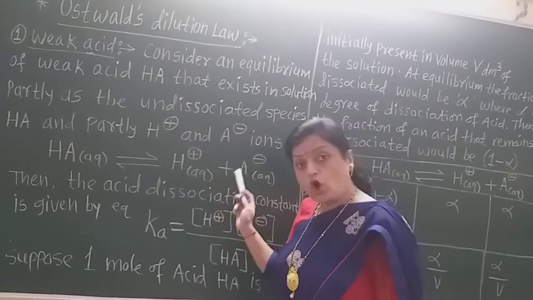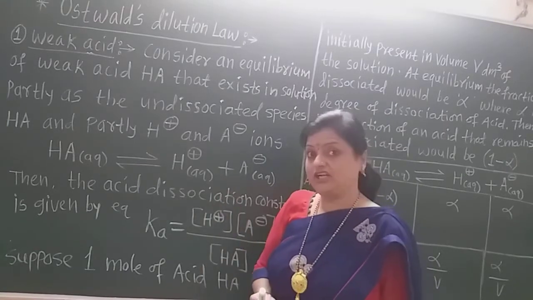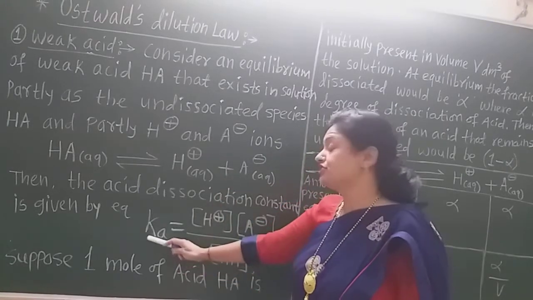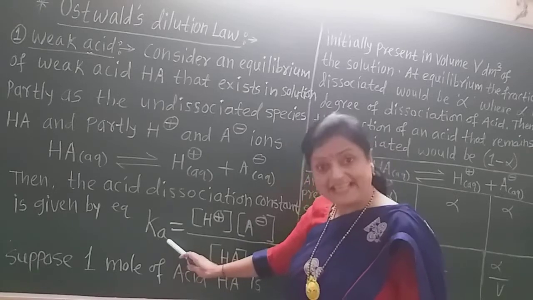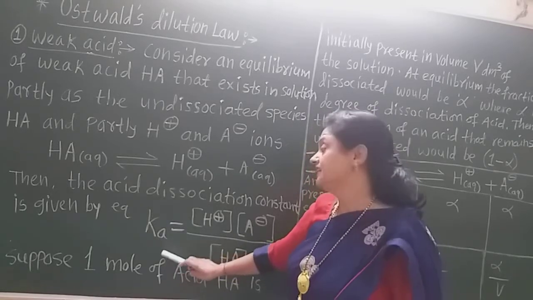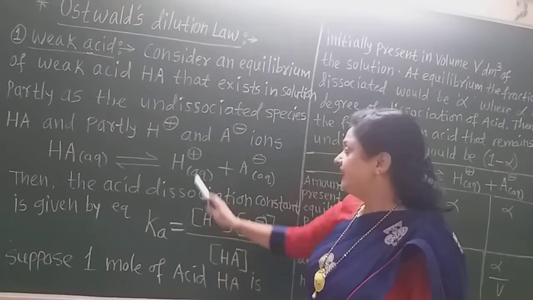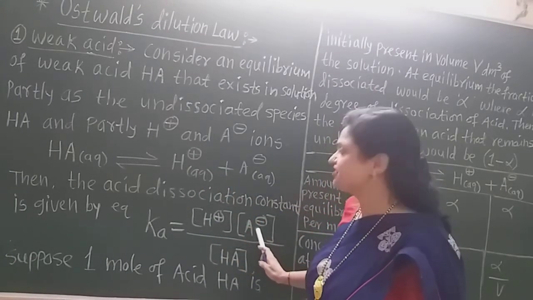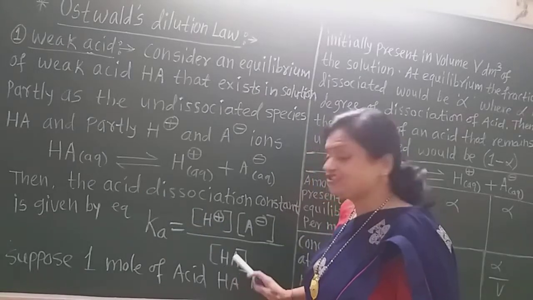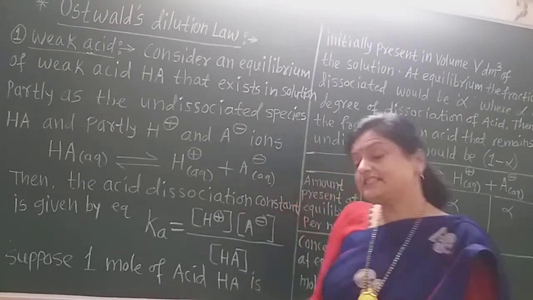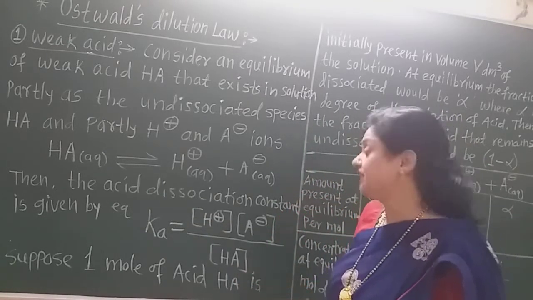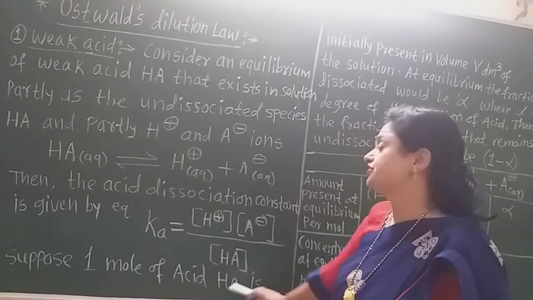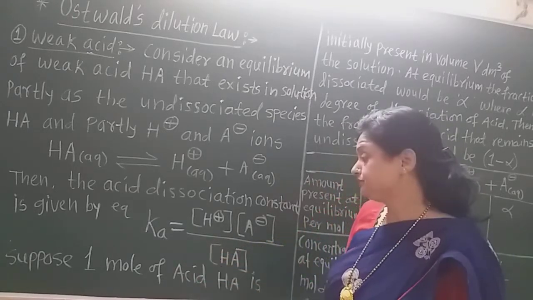So by applying the law of mass action, as we learned in the 11th standard, the dissociation constant of acid Ka, where A stands for acid, is given as H plus ion concentration into A minus ion concentration divided by the HA concentration. This K is the dissociation constant of the acid.